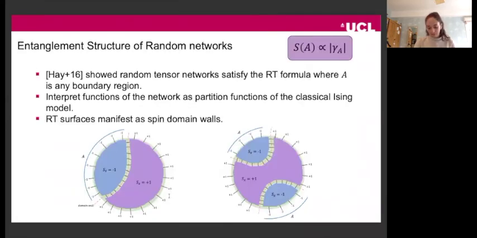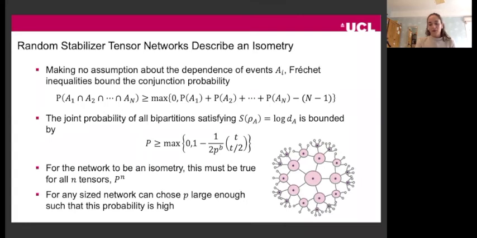Okay, so the outcome of all of that is if we take P large enough, then the network is an exact isometry with high probability that's going to go to 1. And the error correcting properties and the way that they use the Hamiltonian simulation techniques can all just follow.